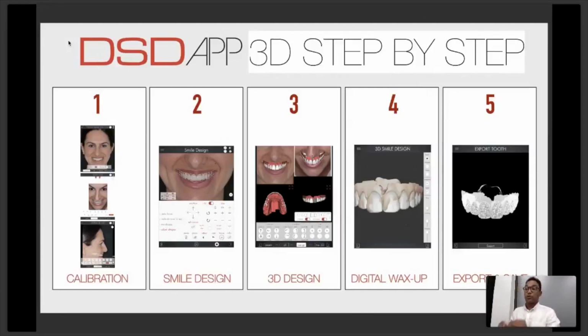Then you will create the smile design, the facially driven smile design. Once you finish that part, you will then go to the 3D design, which is what we will be covering today. After you do the 3D design, you then go and do your digital wax-up. On the 5th step, you will export and save. And on the 6th step, you will be presenting that case to your patient.